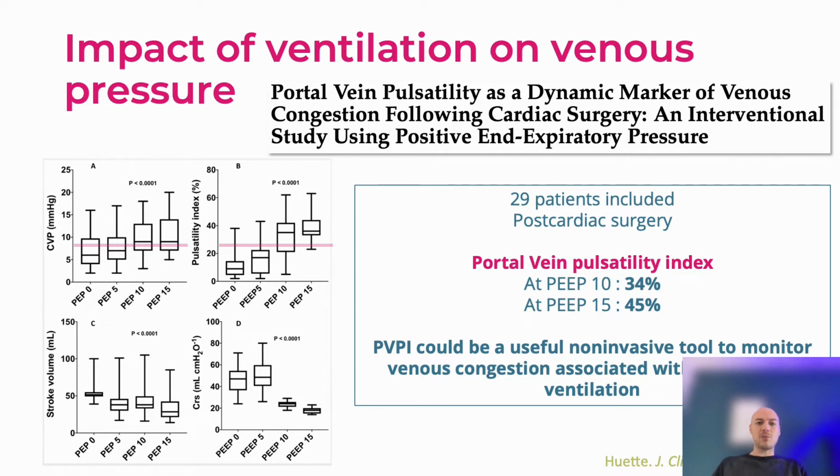They performed a PEEP increment trial from 0 to 15 and observed a parallel increase in CVP and PVPI. So these results indicate that PVPI could be a useful non-invasive tool to monitor venous congestion associated with mechanical ventilation.